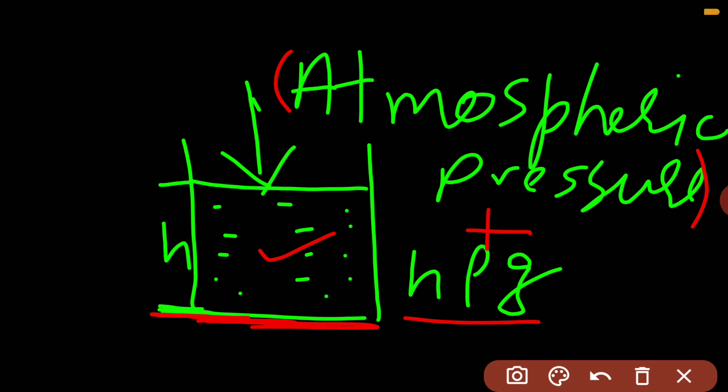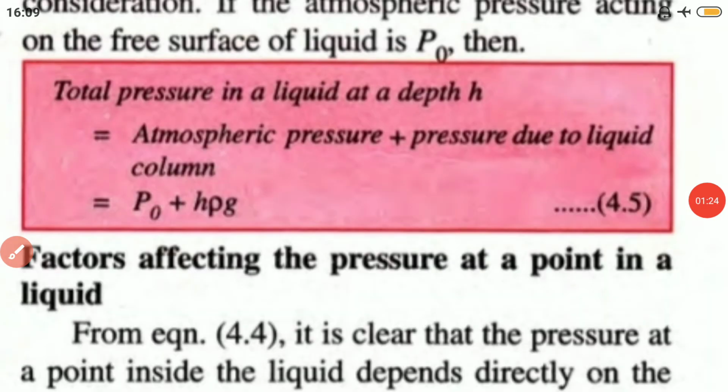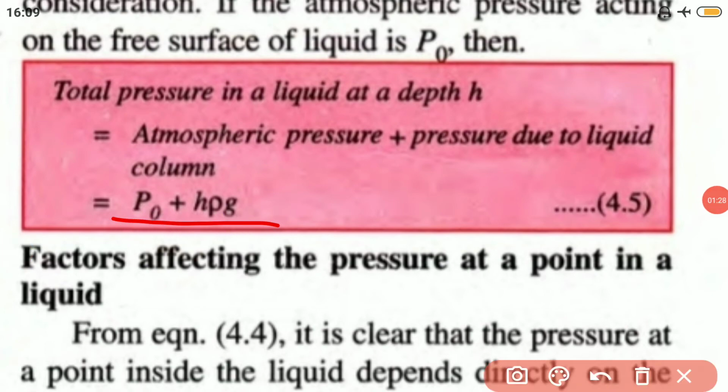If the atmospheric pressure is taken as P0, then the total pressure will have the expression P0 plus H rho g, which you have understood there in the book. So this pressure, P0 plus H rho g, is the total pressure in a liquid at a depth H. I hope you understood this.